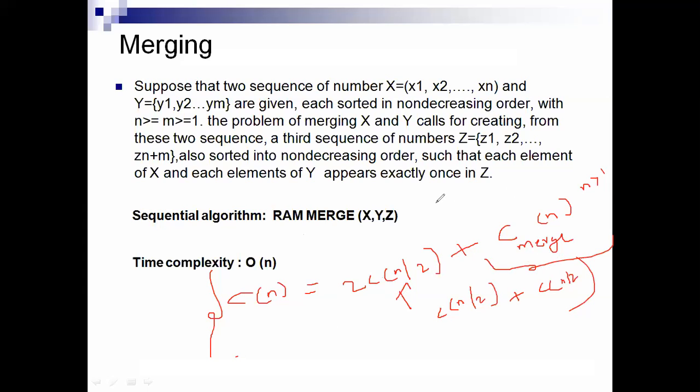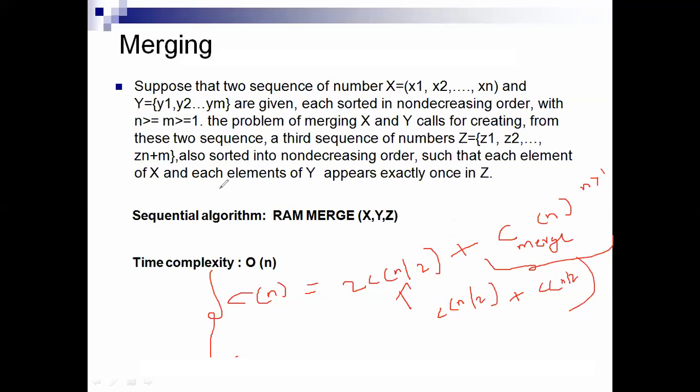So the worst case is when neither of the two arrays becomes empty before the other one has just one element left, because we have to make the comparisons.